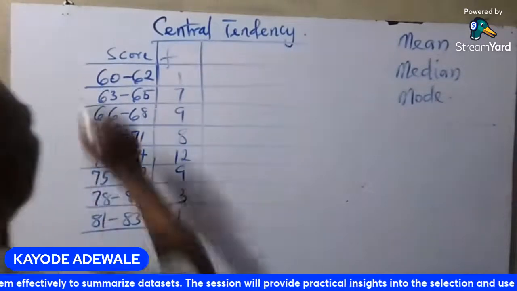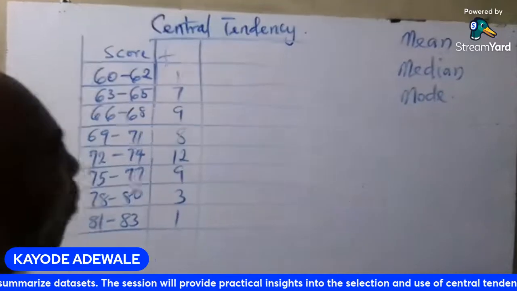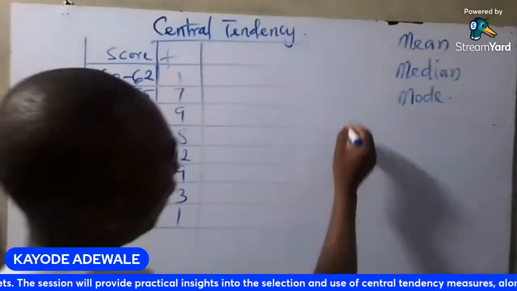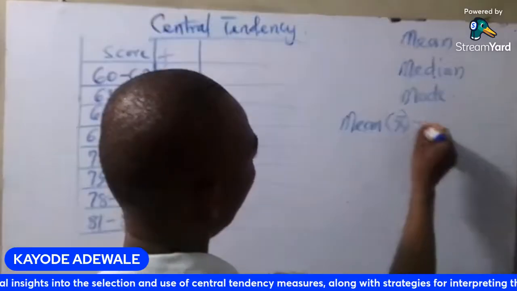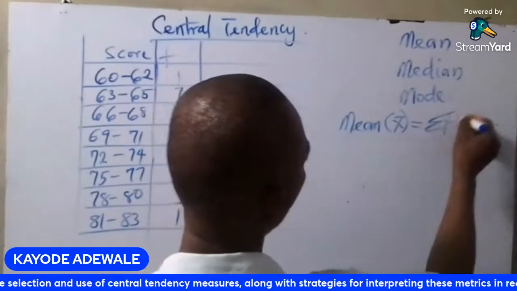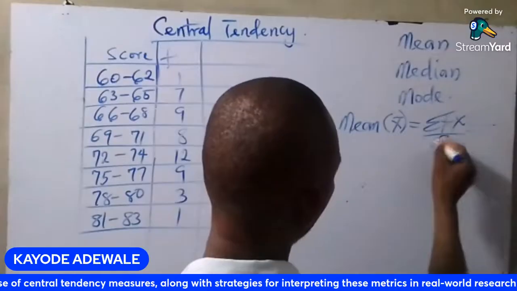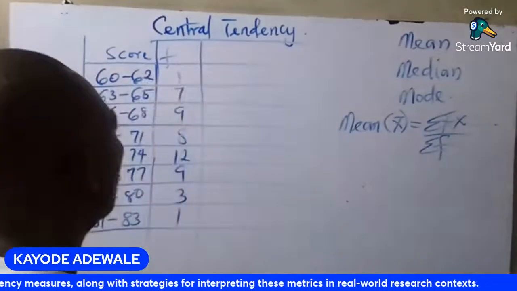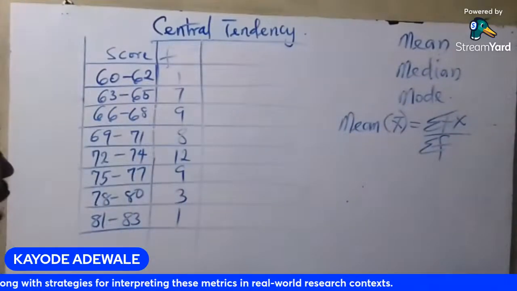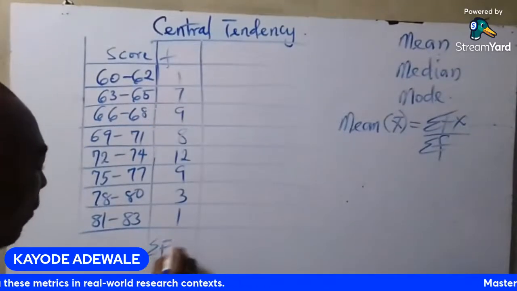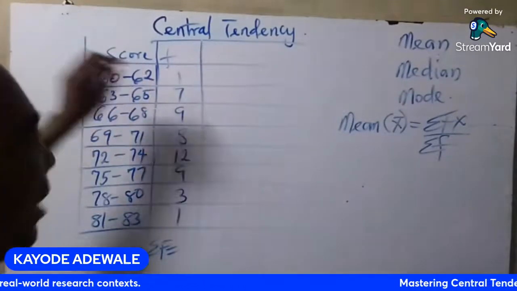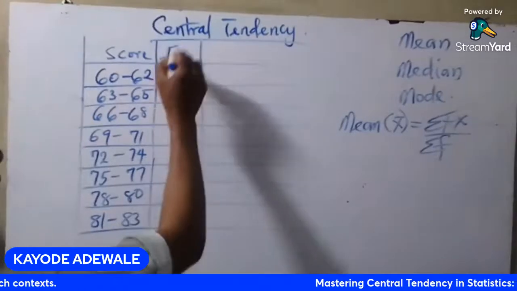So the first thing you need to do when you want to find the mean, without wasting much of our time, is that the formula for mean, which is x bar, equals summation fx over summation f. So we need to find our summation f, which is the addition of all the frequencies.